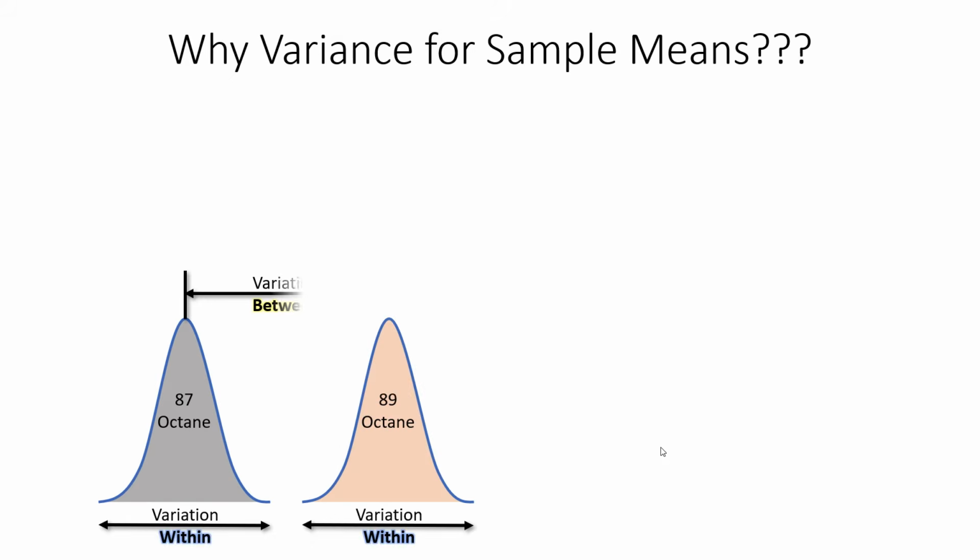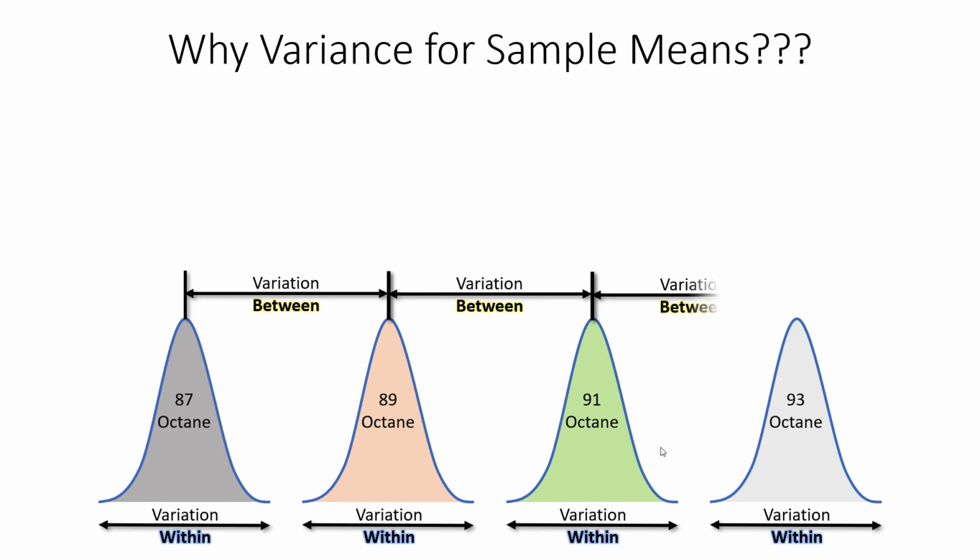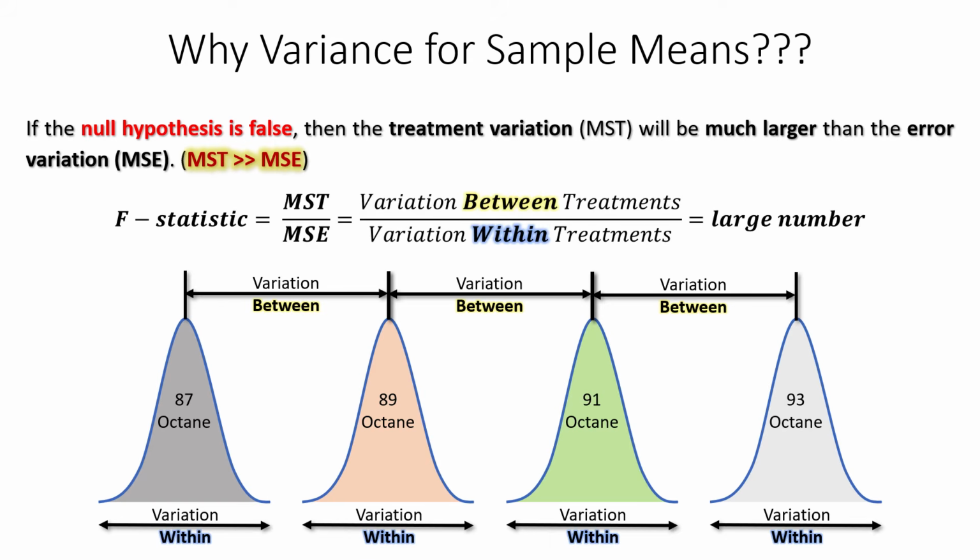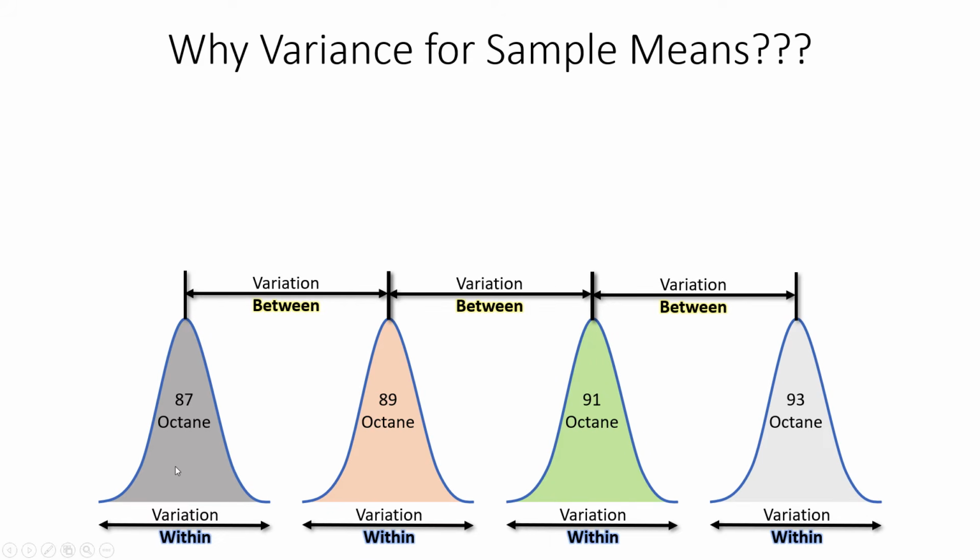How would this look if you graph the data visually? So I wanted to take that previous data set and create some normal distributions here to help you understand these two different estimates of variance that we calculated. Make sense? And I want to relate this data back to the null and the alternative hypothesis. So if we go back here, we have 87 octane gas, 89, 91, and 93 octane.